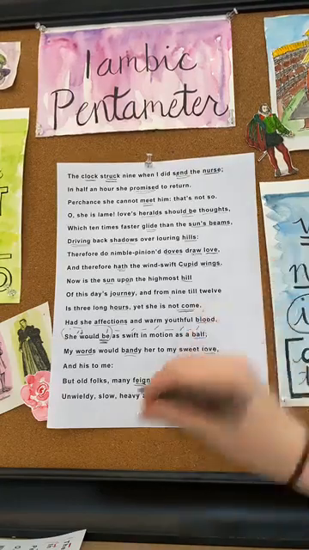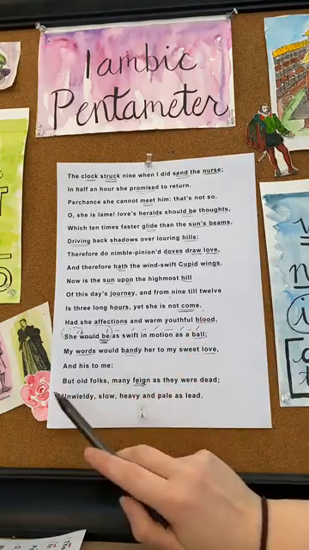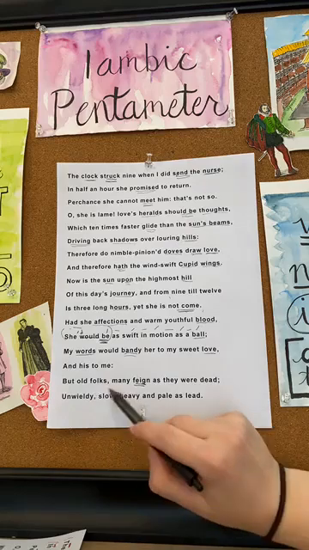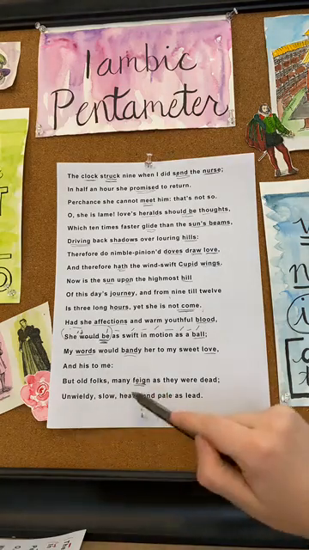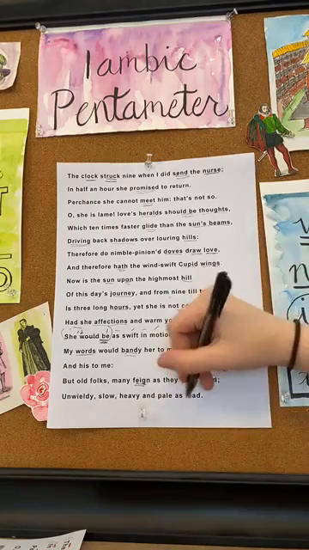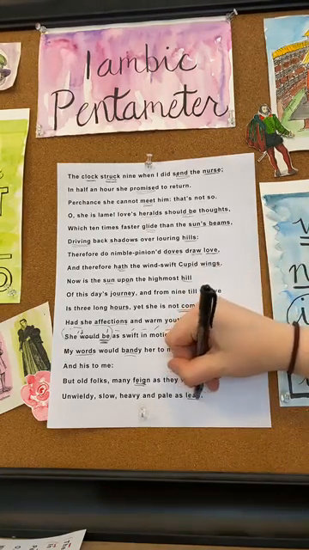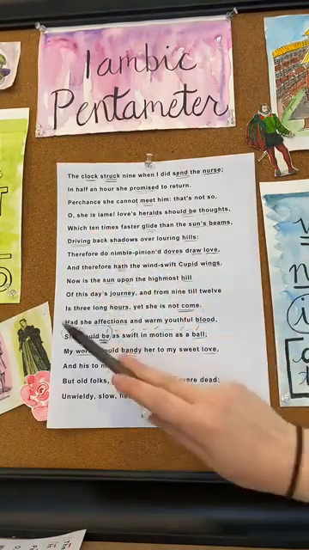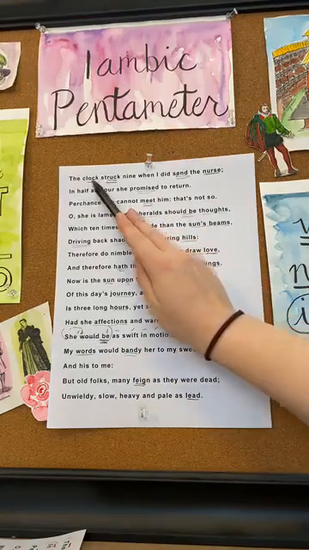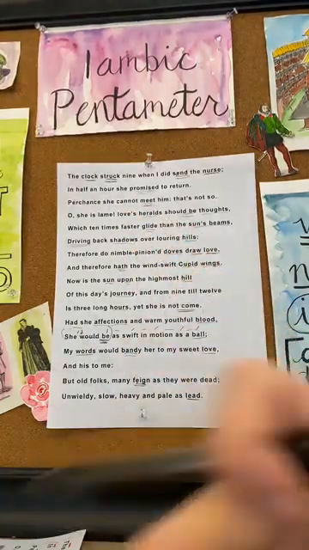That's Romeo. And his to me. But old folk, many feign as they are dead, unwieldy, slow, heavy, and pale as lead. Great. So we've gone through and we've underlined once all of our nouns, and we've underlined twice all of our verbs.